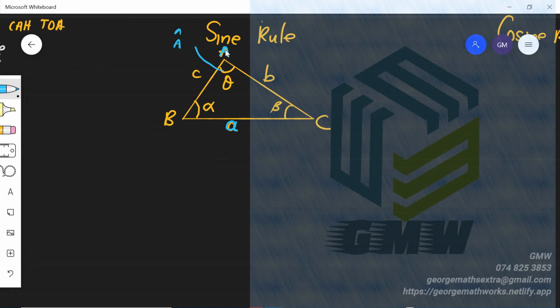So we are saying you can have A over sine of angle A being equal to B over sine of B equals C over sine of C. If you are to follow the pattern here, we are just saying the side over the sine of the angle that it is opposite to. You understand?